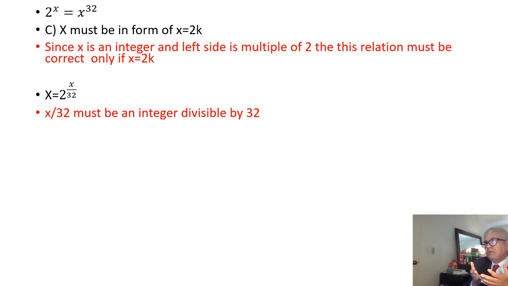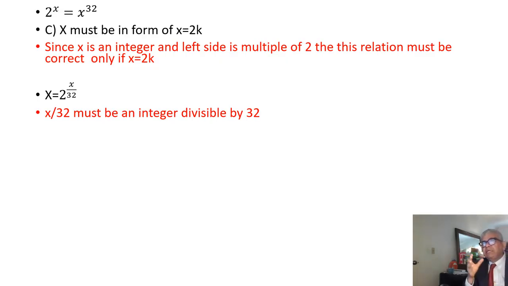Let's say x over 32 becomes 3, then 2 to the 3 is 8, and if, let's say, x is equal to 8, which is less than 32, then 2 to the 1/4 is impossible to be equal to 8.